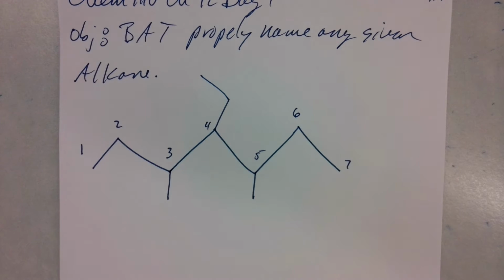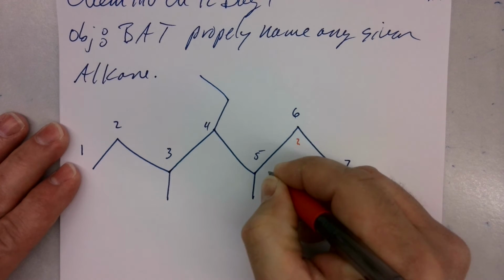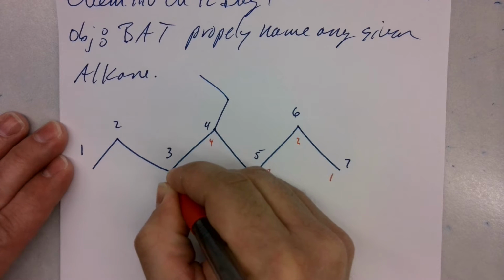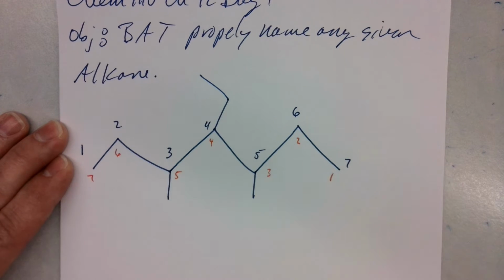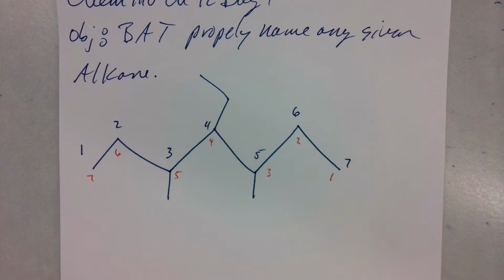I could just have easily, though, started on the right. Okay, so I could have gone 1, 2, 3, 4, 5, 6, 7. And that's actually really, really important. Because when you're done, the sum needs to be as small as possible.